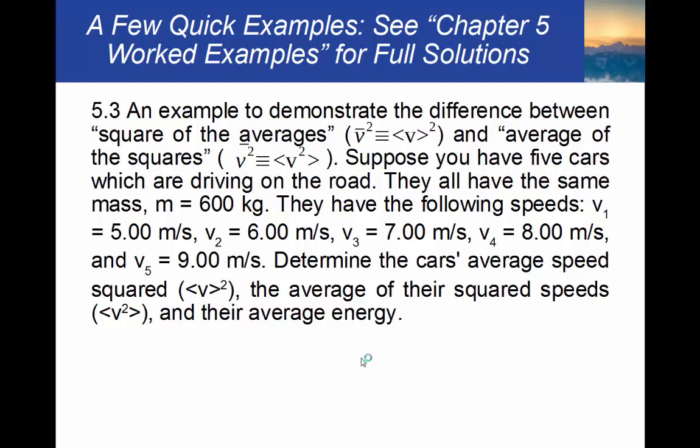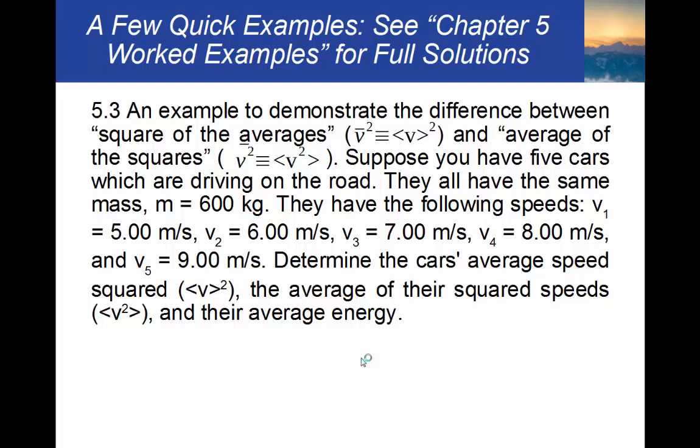And the point of this example is that we have discussed that temperature is sort of a measurement of the average translational kinetic energy for a set of molecules within a gas, for example, or within a liquid or solid or whatever you're taking temperature of.